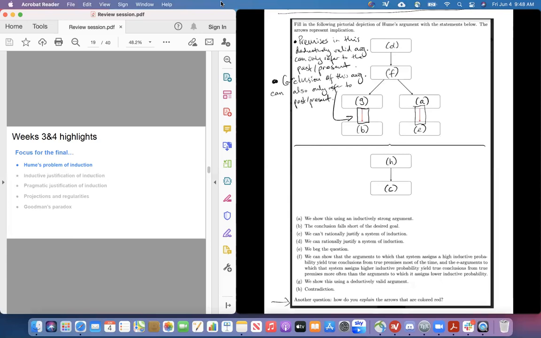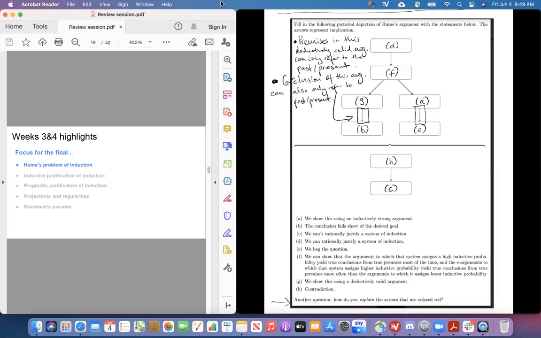Well, the conclusion of a deductive argument, or a deductively valid argument, can only refer to what the premises have already referred to, even implicitly. So the conclusion of deductively valid arguments cannot go beyond what's already in the premises. So if we're using a deductively valid argument to establish what we want here, and the premises refer to the past and the present, then the conclusion can only refer to the past and the present.